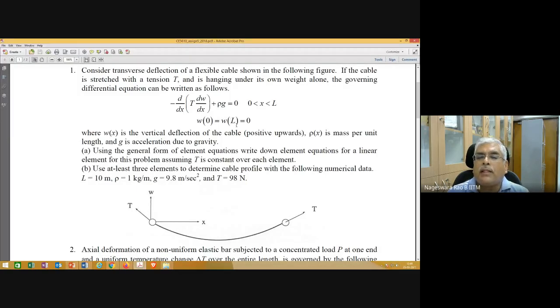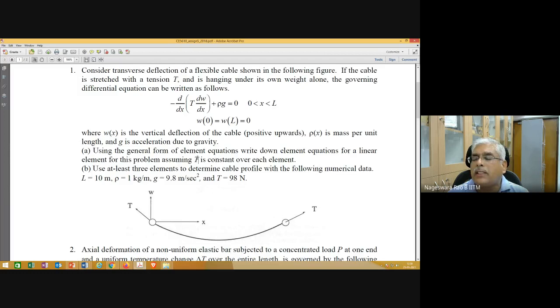Once you get element equations, between 0 and L, you decide the number of elements. Here, it is mentioned, first thing is using the generic form of element equation, write down the element equations for a linear element, two-node element, for this problem, assuming T is constant over each element. T is not temperature or anything.